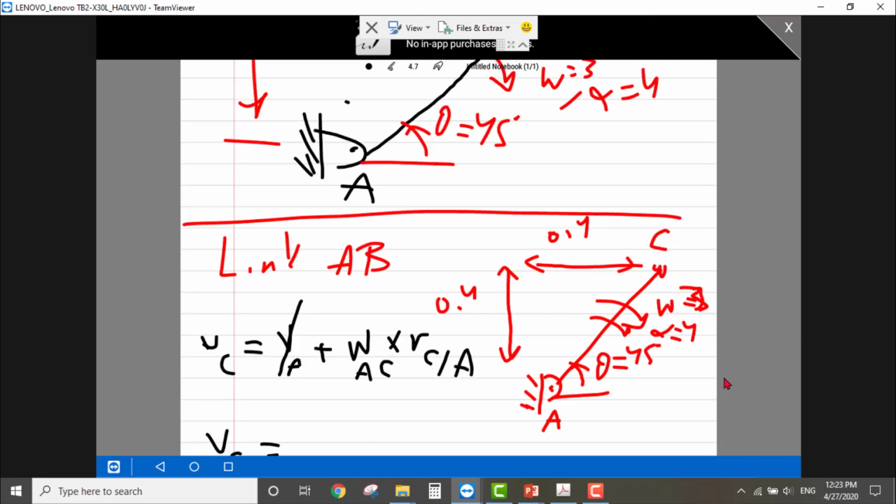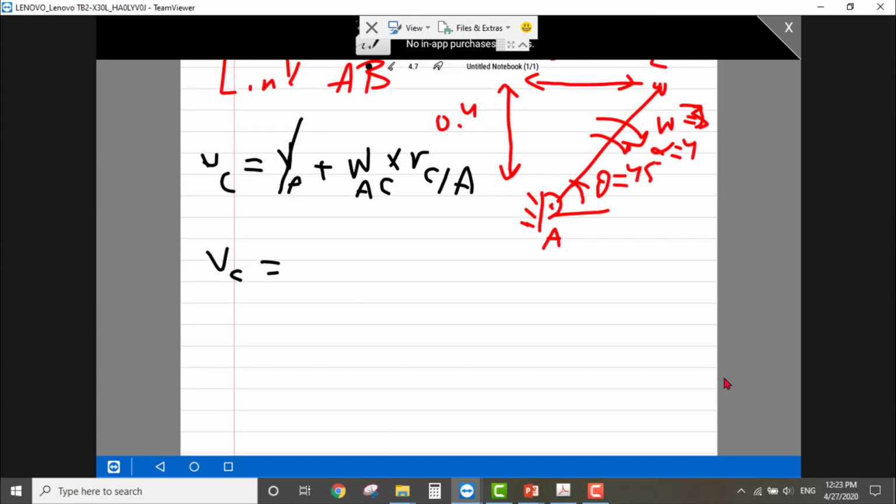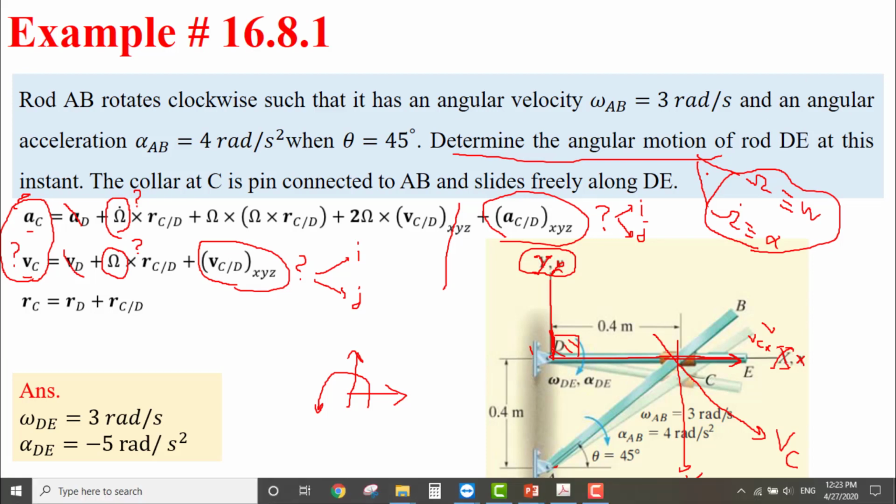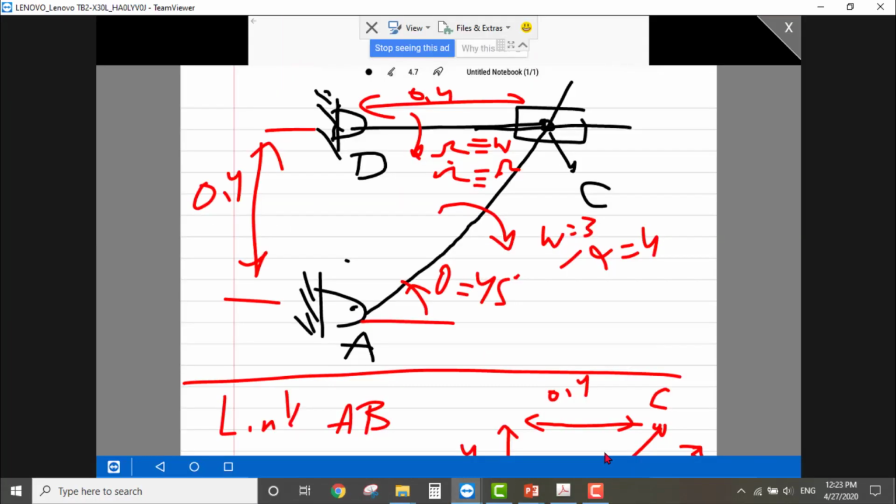So here is the problem. VC is equal to omega C. Because we chose the coordinate system like this, here is the positive direction x, and this is positive direction y, and as we used to do, the positive rotation direction is counterclockwise. You can choose it clockwise, not a big deal.